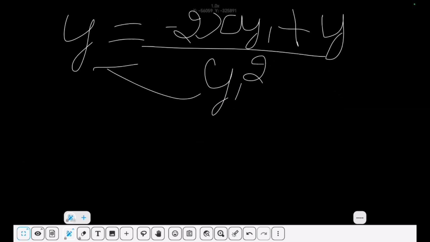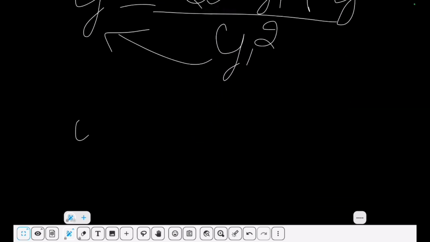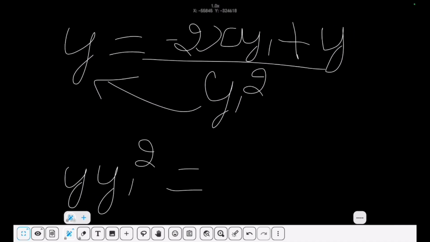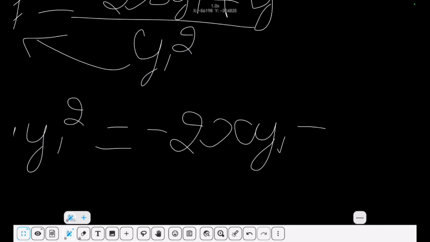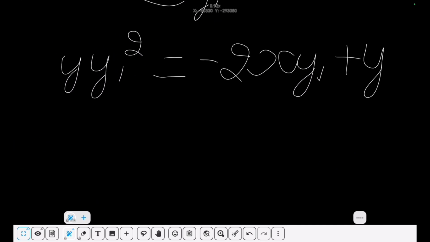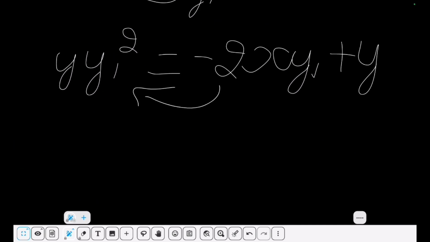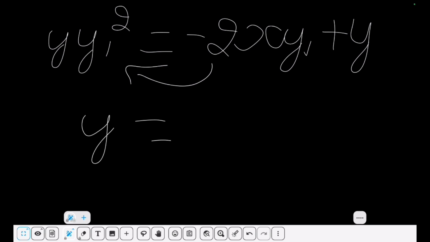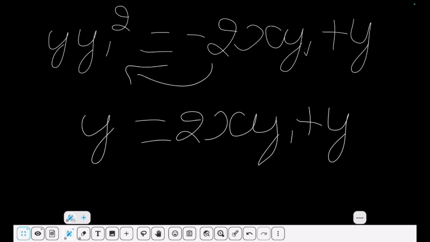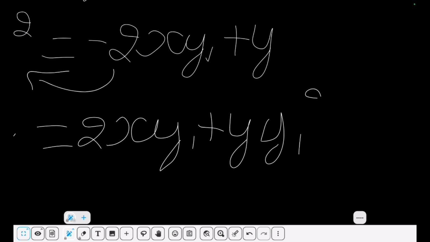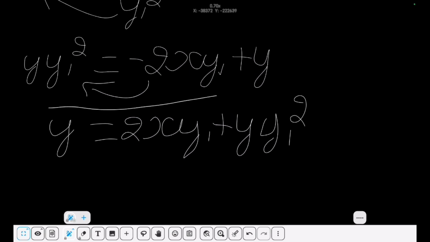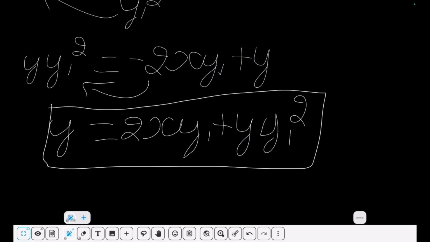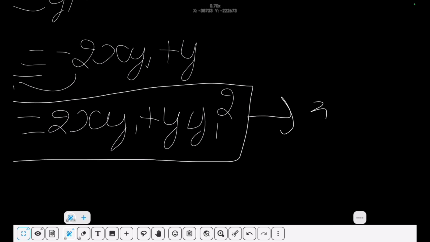If I shift this to this side, that will be y1 square equals minus 2x y1 plus y. If I shift this to this side, that will be y equals 2x y1 plus y1 square. This I consider as equation 3.